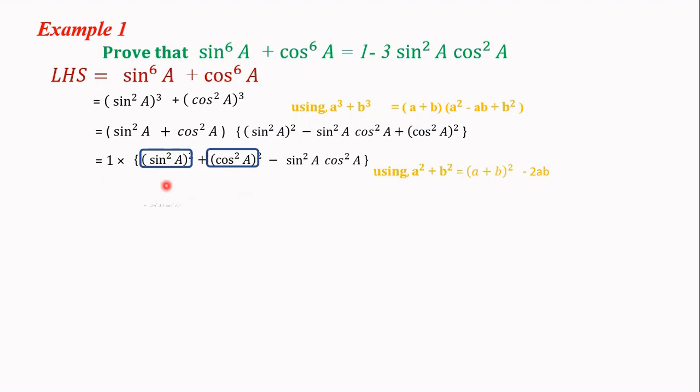So we are using the a square plus b square formula. We know the formula of a square plus b square is a plus b whole square minus 2ab.